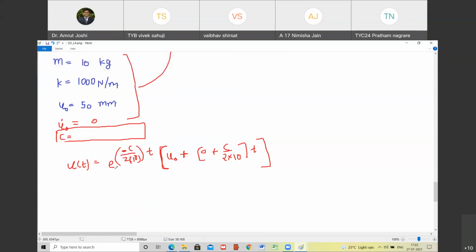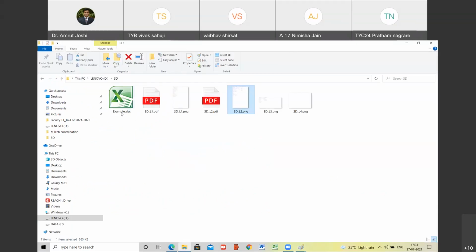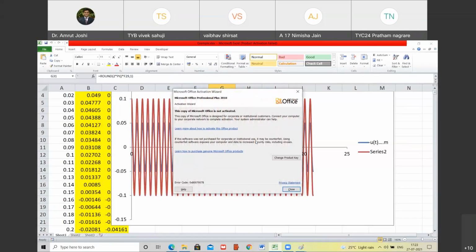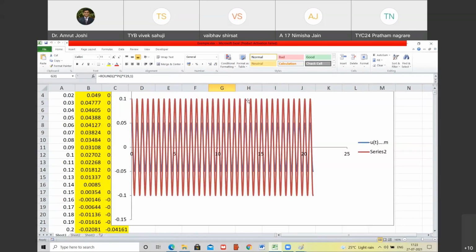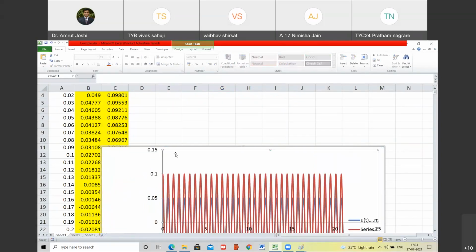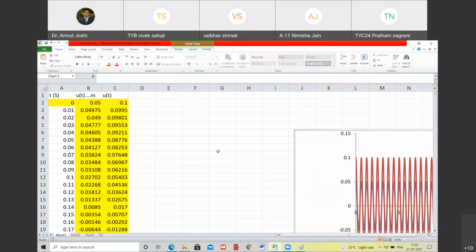Now, let me go to the Excel file that we were looking at. So this is the example Excel. Is the Excel file visible? All of you, please let me know. Yes.